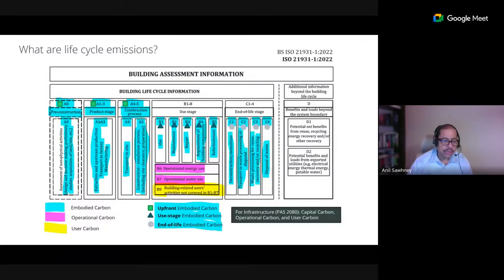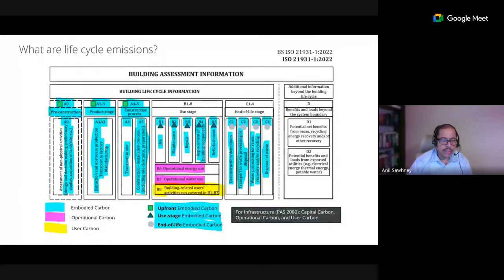So top level categories: embodied carbon, operational carbon, user carbon. Embodied carbon is further subdivided into upfront carbon, use stage carbon, and end of life carbon. If you look at C1, C2, C3, C4, C1 is all emissions related to deconstruction, demolition of your asset.